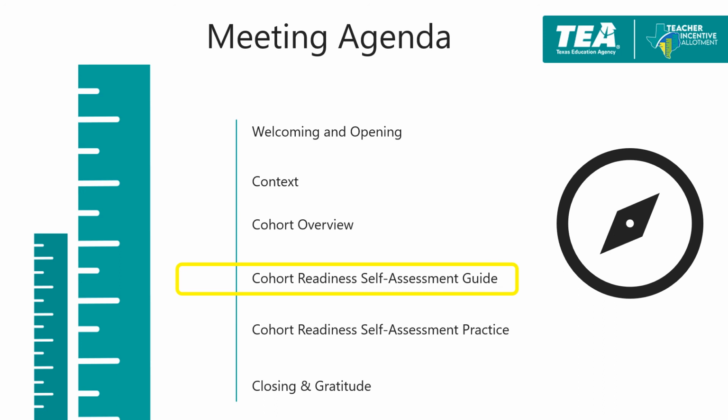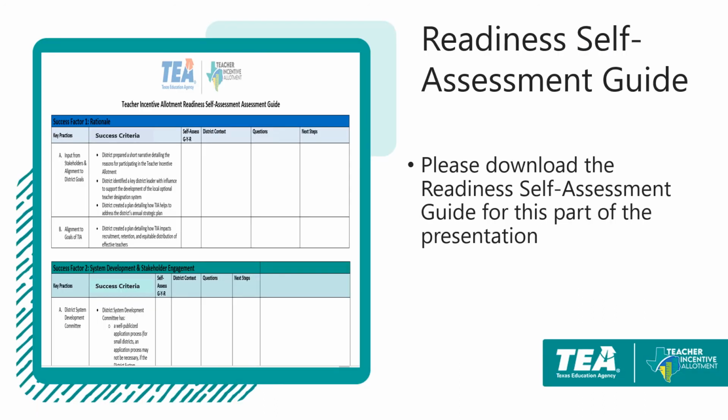The next part of this presentation is about the Cohort Readiness Self-Assessment Guide. We're going to get to use it, everyone. That's so exciting. Please take a moment by visiting our website, www.tiatexas.org, to access the Readiness Self-Assessment Guide.